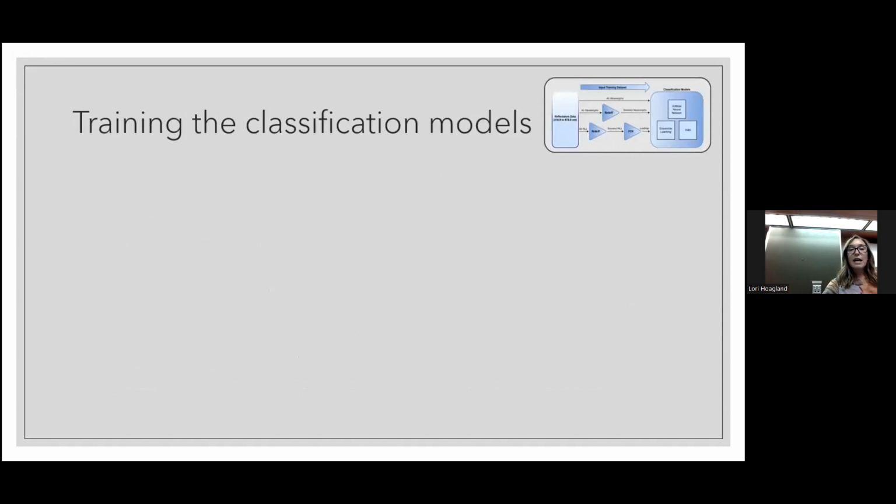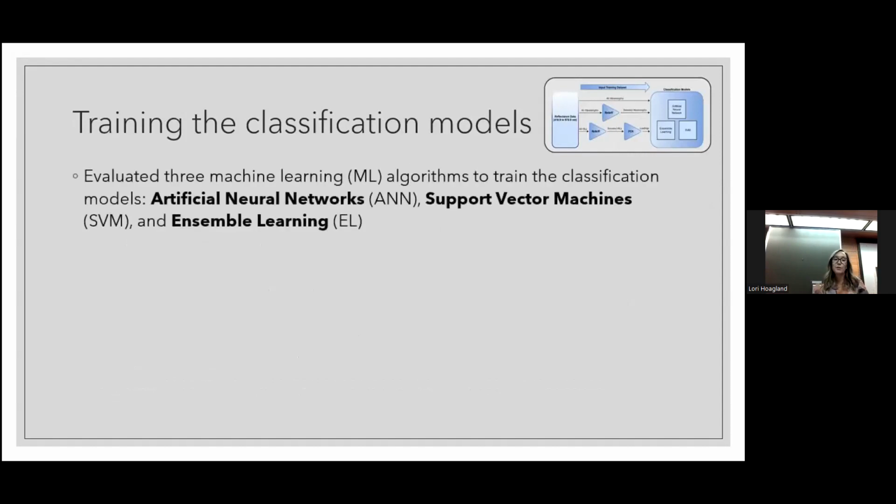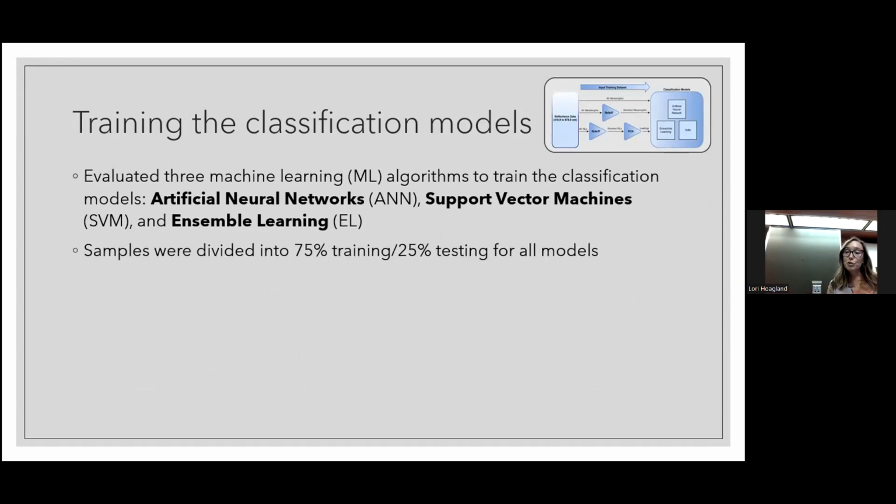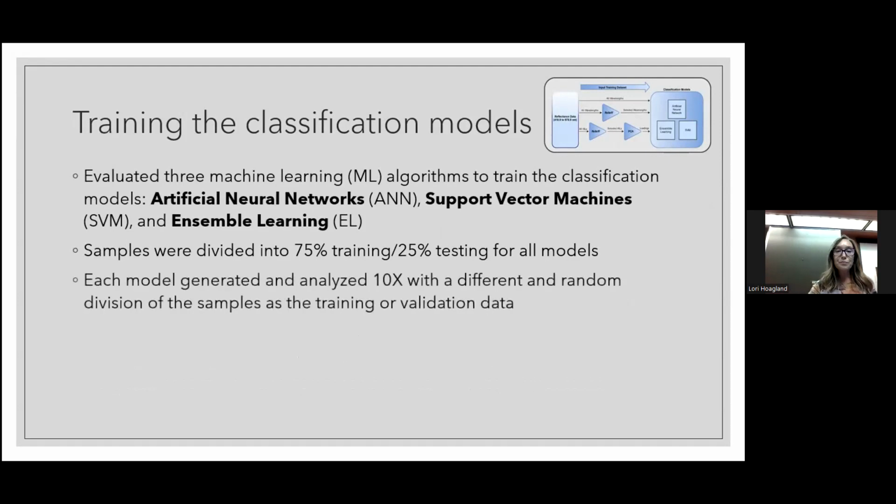So next, training the classification models. We evaluated 3 machine learning algorithms, specifically artificial neural networks, support vector machines, and ensemble learning. And for each one, we divided all the samples, 75% for training and then 25% for actually testing the models.